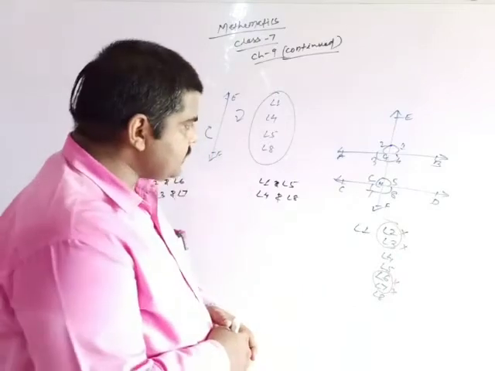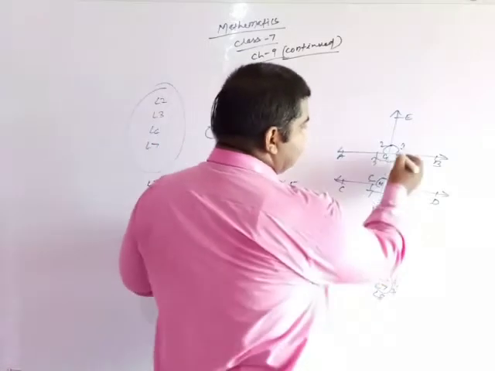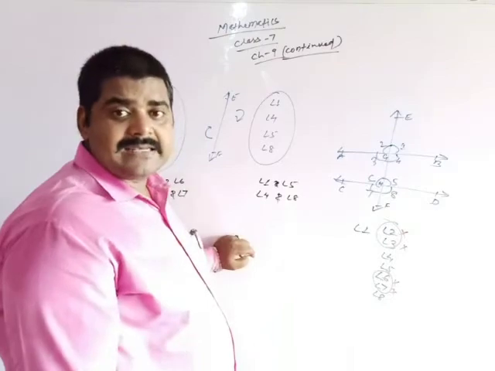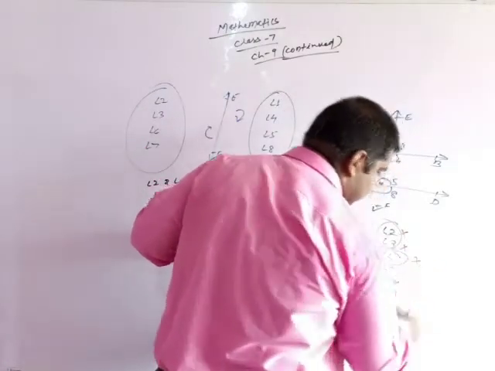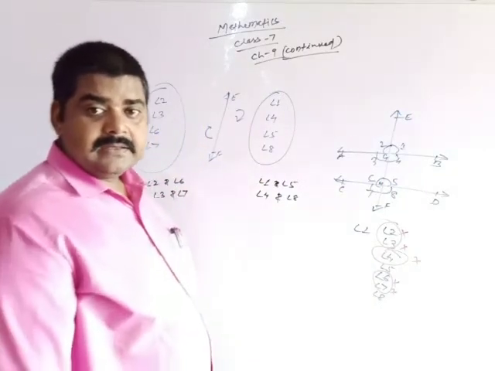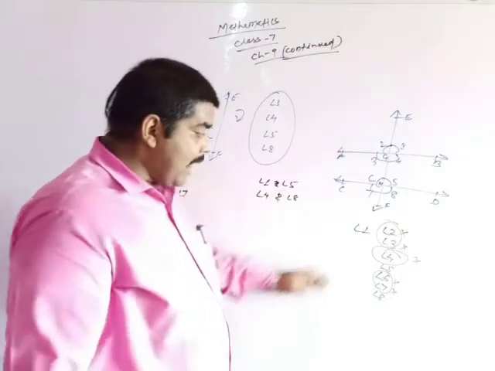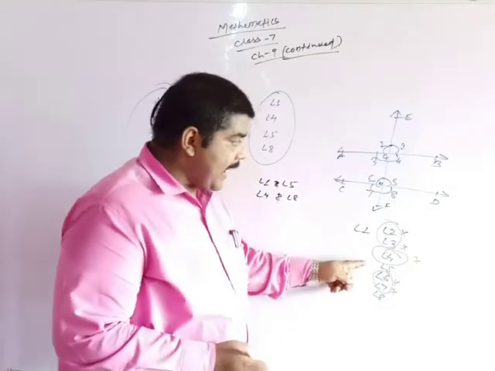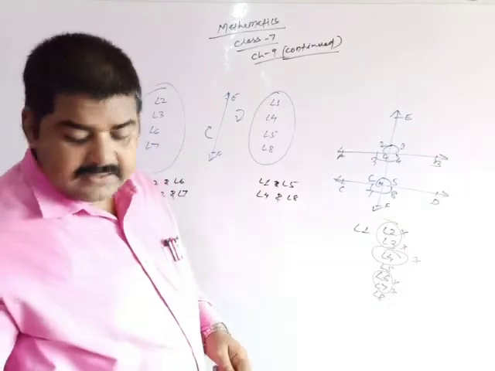For this purpose, you can see that angle 1 and angle 4 are adjacent angles, so it is also not possible, and its reason is adjacent angles. It should be non-adjacent angles. So you have two options left, angle 1 and angle 5, and angle 1 and angle 8.